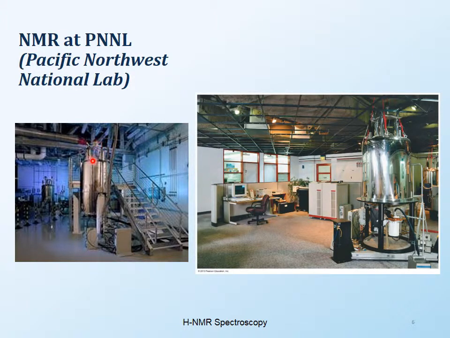You can see this gentleman over here placing the sample from the top, and sometimes from the bottom. It depends on the instrument. There are many companies that make NMR instruments, Joule, Varian, and depending on what company your instrument is from, your sample can go from the top or from the bottom. So in any case, this is what the instrument looks like.